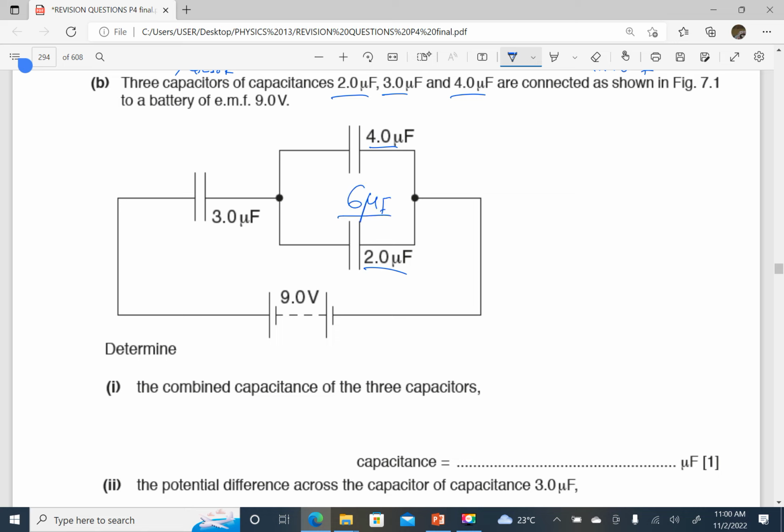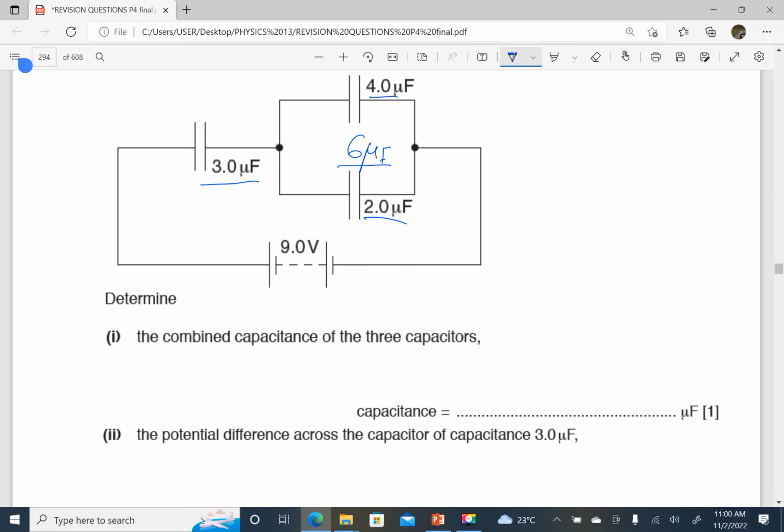Then the 6 microfarads is in series with 3, so we can use product over sum, or you can just say 1 over total capacitance is equal to 1 over 3.0 plus 1 over 6.0, or you notice that total capacitance will be the product over the sum. Since they are 2, 6.0 times 3.0 over 6.0 plus 3.0. This is 18 over 9.0, which gives you 2.0 microfarads.